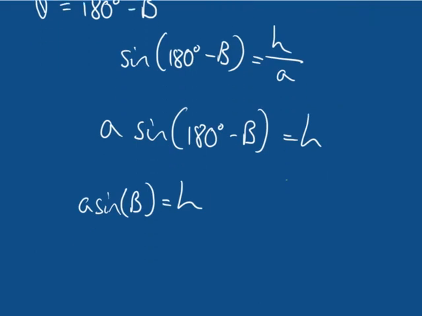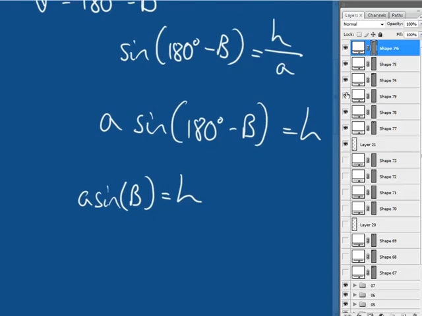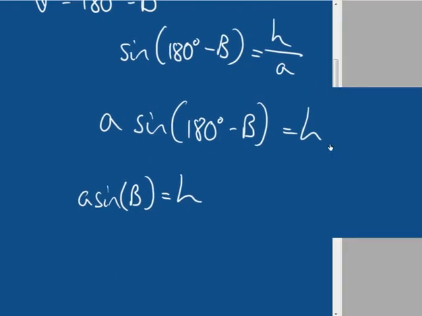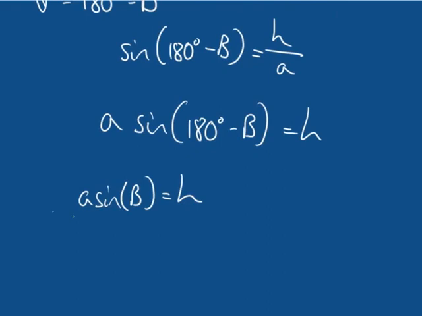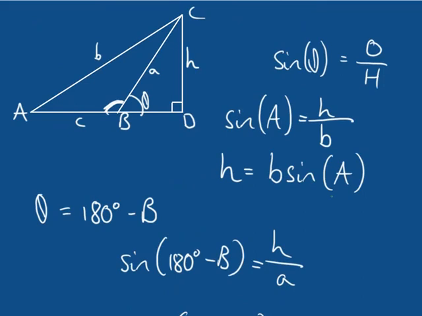So this allows us to say that the sine of 180 minus b is the same as the sine of b, and that means that again, just as before, we now have that h is equal to a sine b. It's also equal to b sine a, and we've seen this is the exact same result as we got with our earlier arbitrary triangle example, so everything will rearrange and prove once again that the sine rule is still the same, that a over sine a equals b over sine b equals c over sine c.